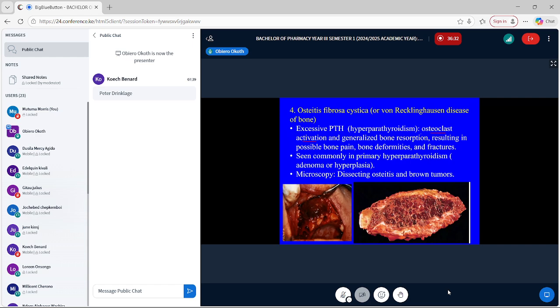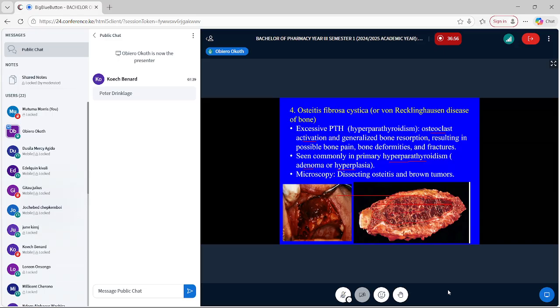This could be because of a primary disorder producing too much parathyroid hormone from the parathyroid gland. The bone is being eaten up, and it's so much eating up that what now remains is just a collection of blood.